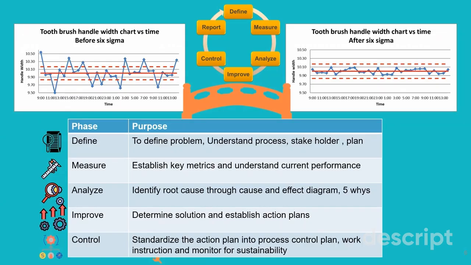In our example of those 50 toothbrush handle width measurements against time, we found that the width is actually very unstable, meaning that it's up and down, and shows that there could be high variation in process inputs, which has contributed to the variations in the process outputs, such as in this case.